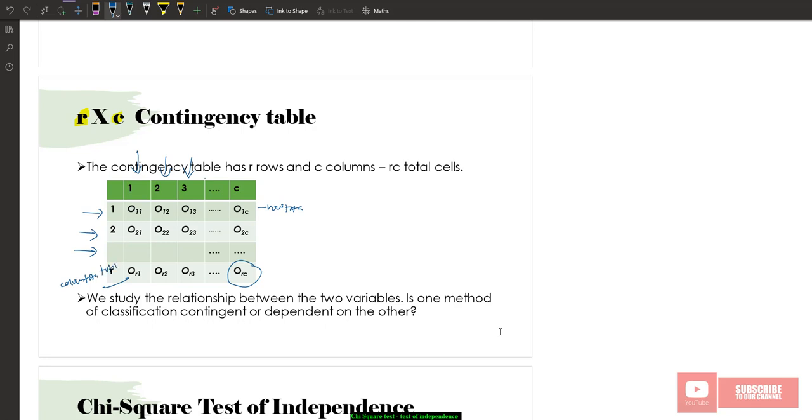A contingency table has R rows and C columns, so that's why we call it an RC table. We study the relationship between two variables, and these two variables are qualitative in nature, which means categorical variables. We want to know whether one method of classification is contingent or dependent on the other.